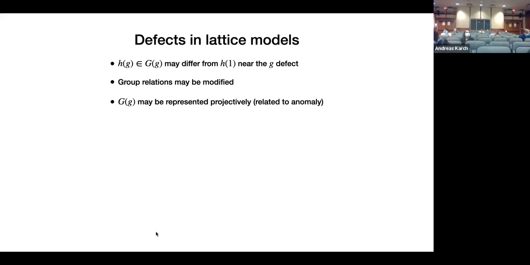Sometimes you can spread it out continuously, like when the defect is U(1), but just to be uniform, I'll assume that the G defect is localized at some point. Okay. Secondly, the group relations may also be modified compared to the untwisted sector. And lastly, but also importantly, this symmetry G of G may be represented projectively, and that's related to anomaly.